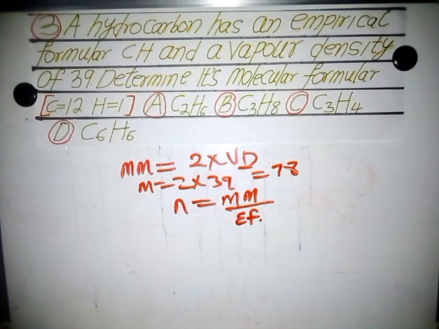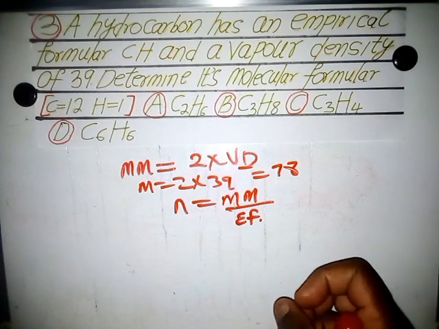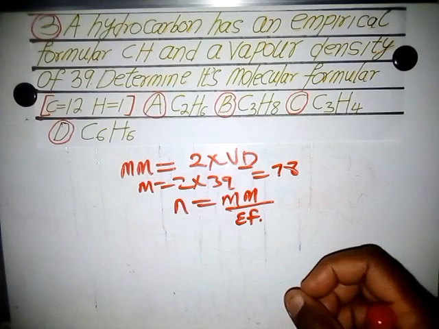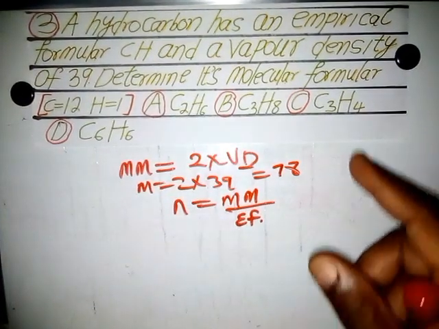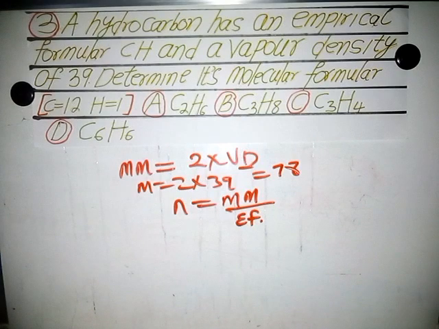So this N is the number of empirical formula units. Once you calculate N, you will multiply it by the empirical formula to get the molecular formula.